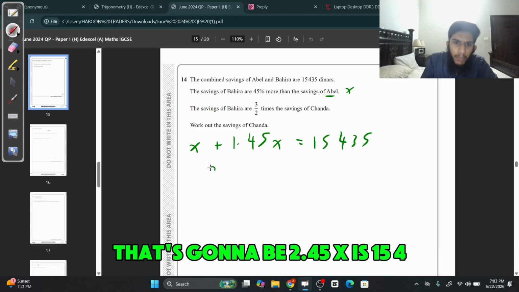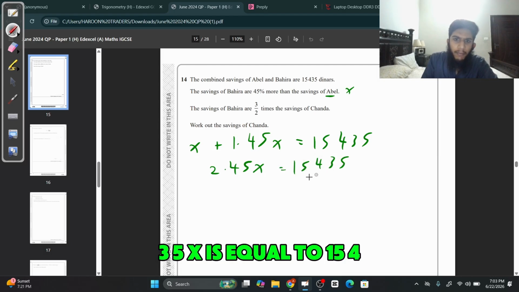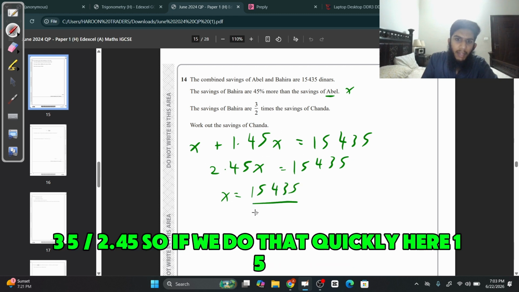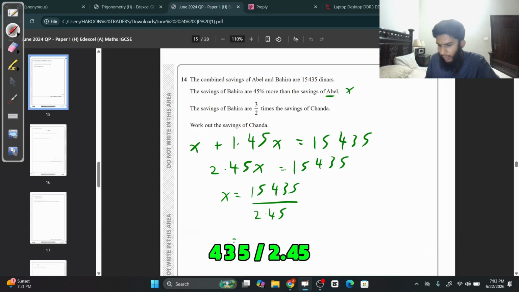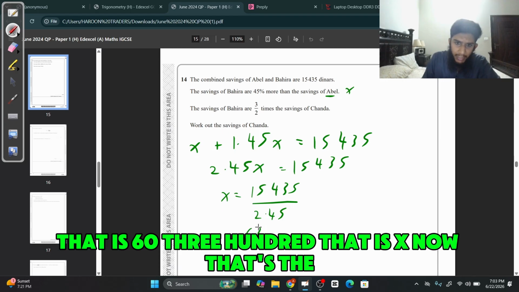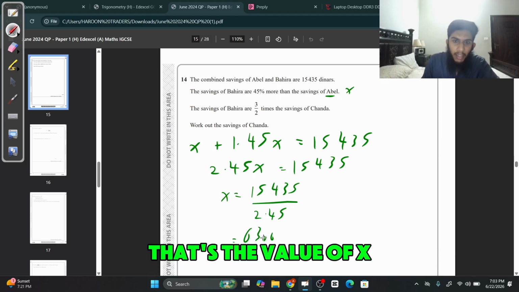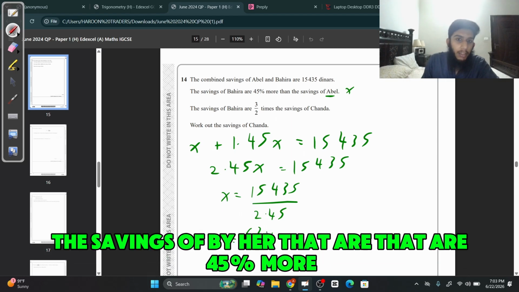That's going to be 2.45x is 15,435. x is equal to 15,435 divided by 2.45. So if we do that quickly here, 15,435 divided by 2.45, that is 6,300. That is x. Now that's the value of x. We have to find out first the savings of Bahra that are 45% more.